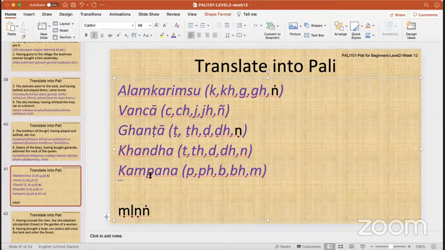And then here tha, you can also see the ang sound before it, and before pa you can also see the ang sound. When you have the ang sound before these, that is the key point here. And then what happens to the ang sound?